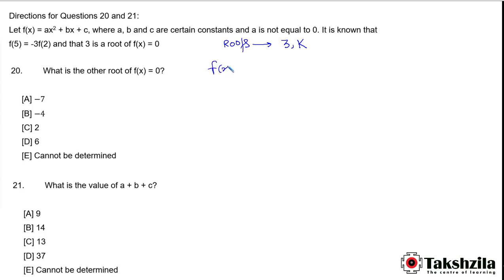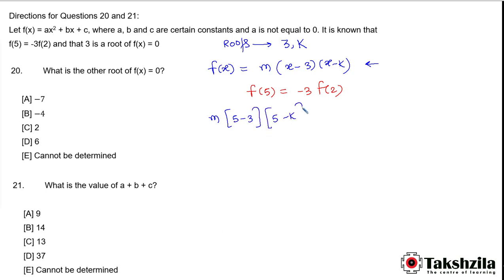So the given quadratic equation becomes m into x minus first root into x minus second root. So now we know that f of 5 is equal to minus 3 into f of 2. The value of f of 5 is how much? In this equation put x is equal to 5. You will get m into 5 minus 3 into 5 minus k is equal to minus 3 into m into 2 minus 3 into 2 minus k.